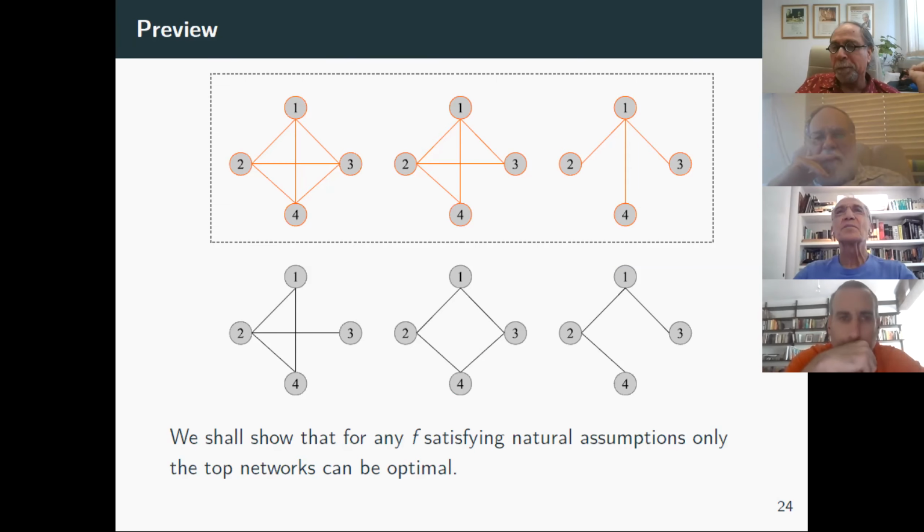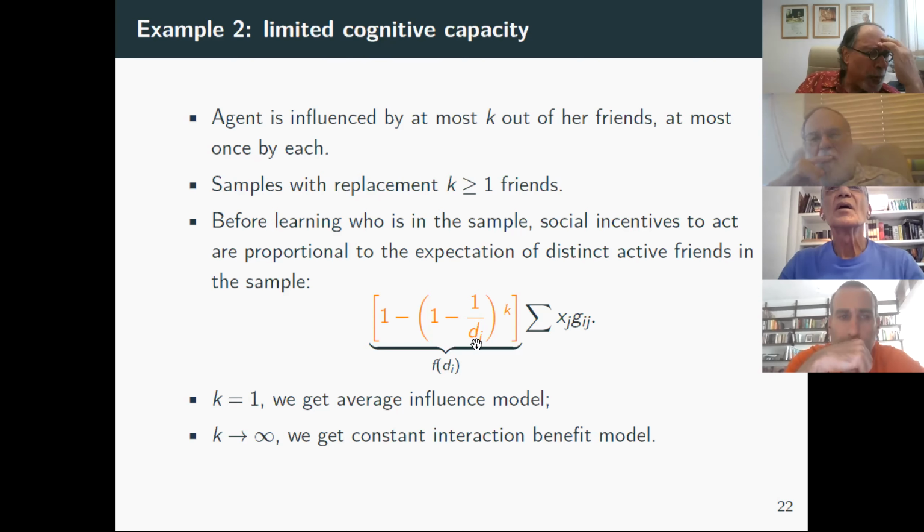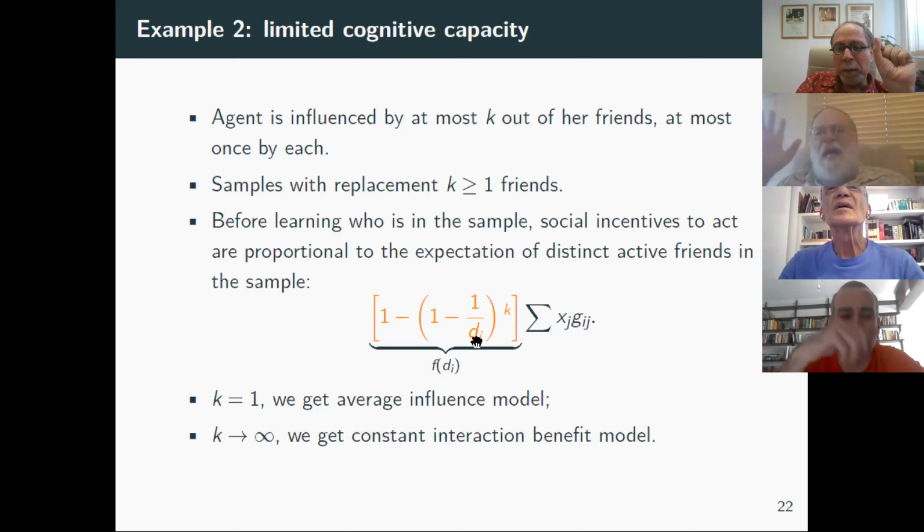Yes, Shmuel. Can you please go back? I don't quite see how this is the expected number of different friends that you meet. It's a little bit of probabilistic reasoning. Think about Mr. Alpha, who took the action, and about Sergio, who took the action.